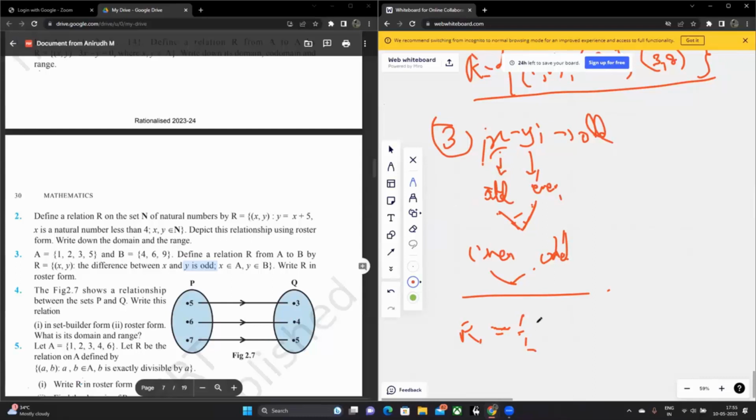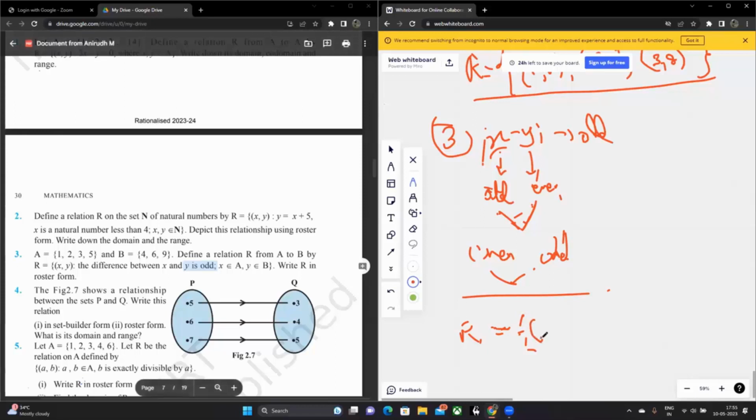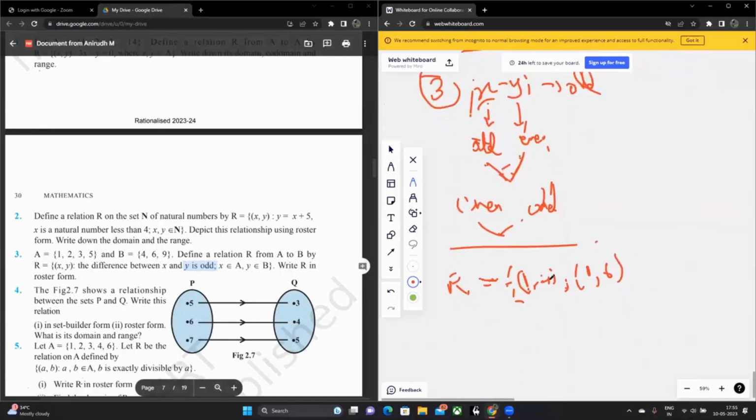That's not an issue. So basically, you have (1, 4). That's an odd-even pair, right? You have (1, 6), right? This deals with one's images. (1, 9) will not come because that's an odd-odd pair. To check, the difference between 1 and 4 is 3, the difference between 1 and 6 is 5, both are odd.